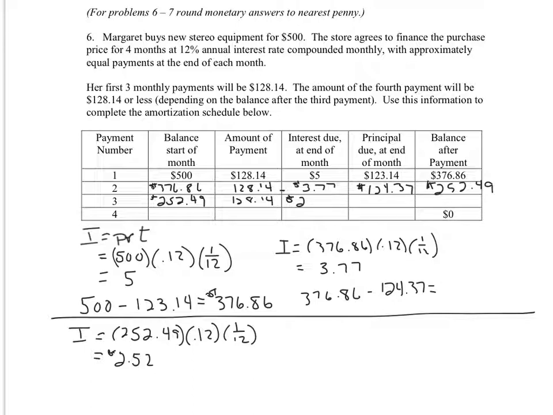So $2.52 out of that $128.14 is interest. If I subtract those two, that will tell me how much gets applied toward principal. And that's $125.62.